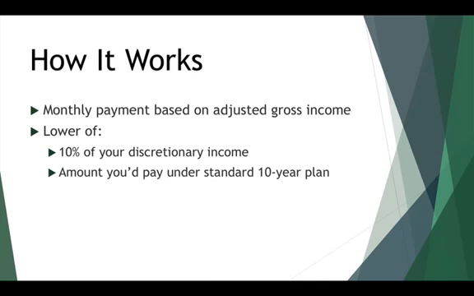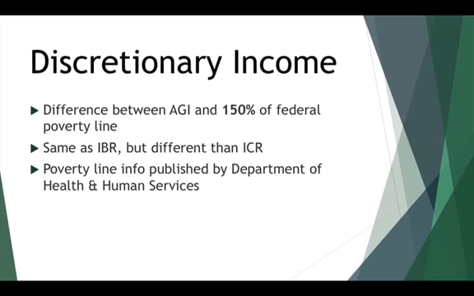Here's how it works. Your monthly payment, if you qualify for and enter pay-as-you-earn, is based on your adjusted gross income. It's the lower of 10% of your discretionary income or the amount you'd otherwise pay using the standard 10-year repayment plan.